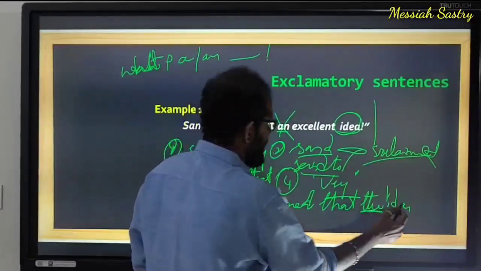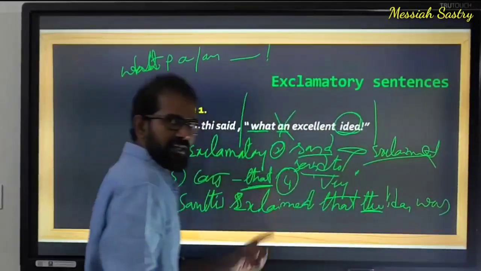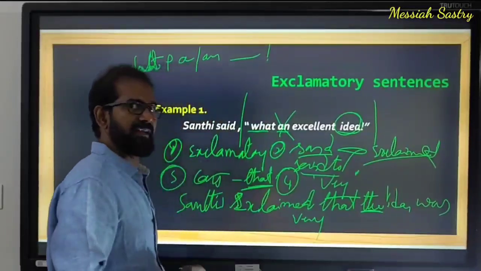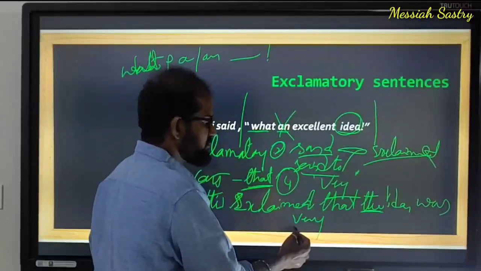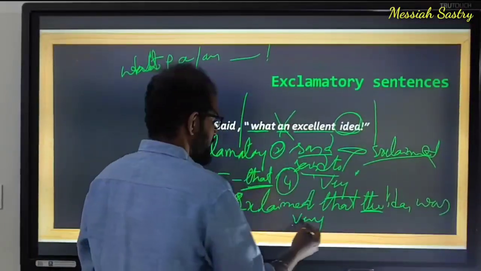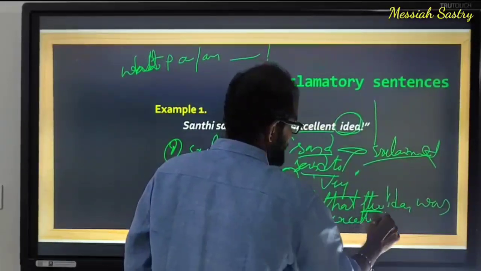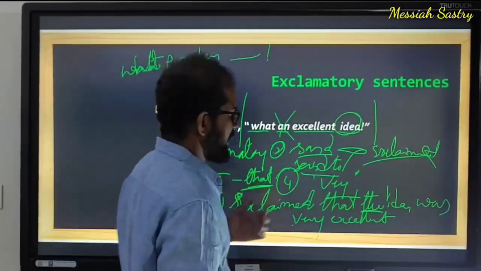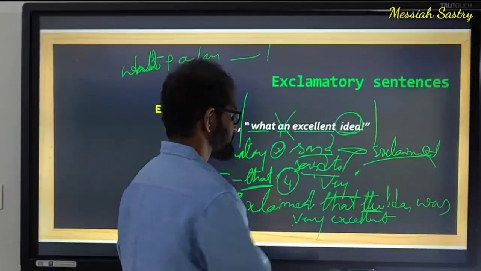Exclaimed that the idea was very. Before adjective or adverb we need to use very. Here what is the adjective? Excellent. Very excellent. Santi exclaimed that the idea was very excellent. Full stop.